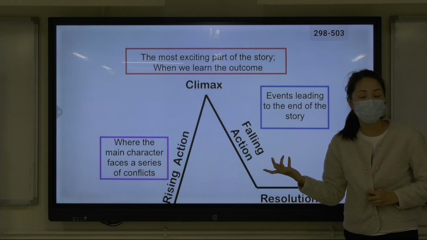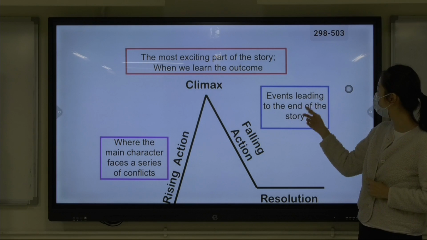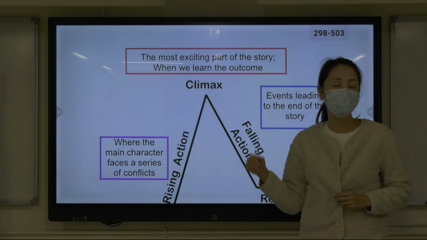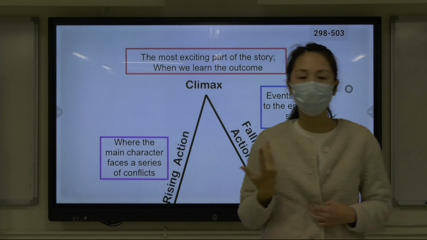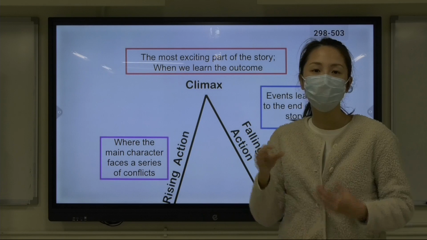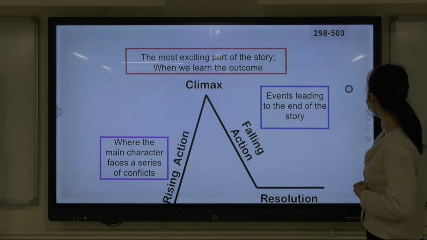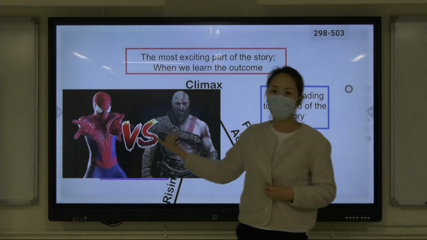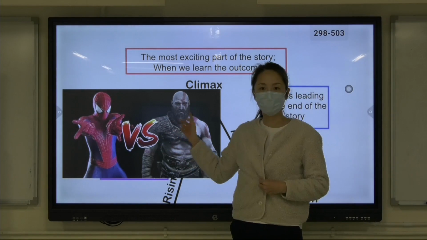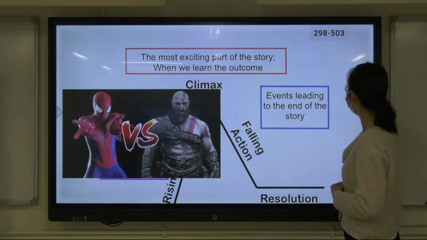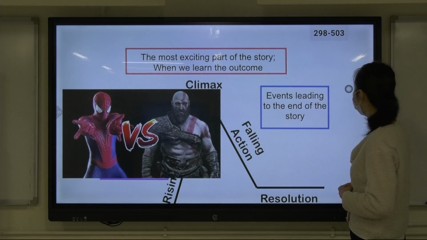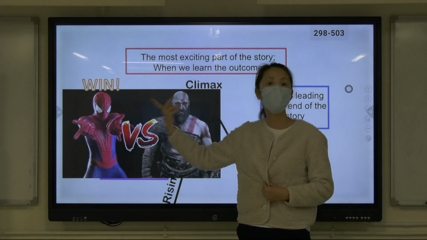Okay, giving a solution. So events lead to the end of the story. Usually we use a solution to solve the climax. So maybe here it should be Spider-Man versus, I don't know who this is, whatever. Usually the superhero wins, right? So this is the falling part.